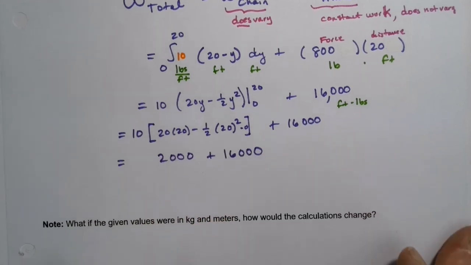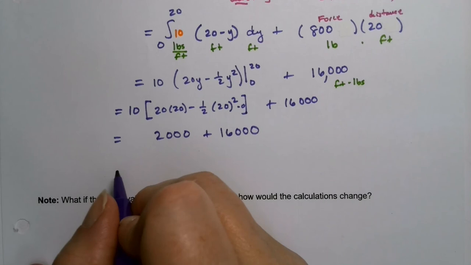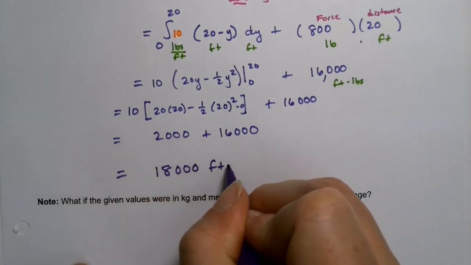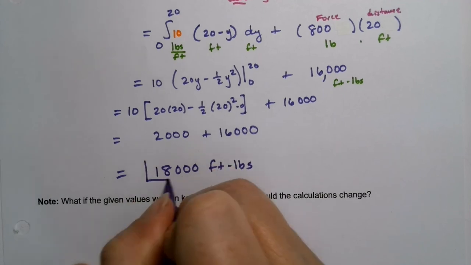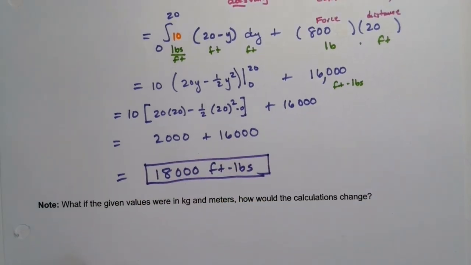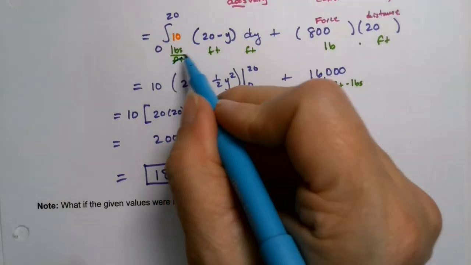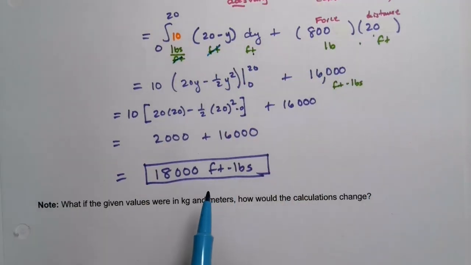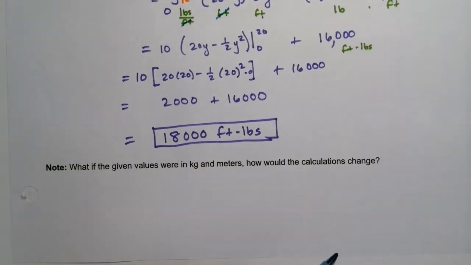Again, you're welcome to double check me on Desmos if you so desire, but I'm right. And that gives me 18,000 foot-pounds, because both of these ended up being in foot-pounds. The feet cancel, you're left with foot-pounds, and so you're able to add them, and that's your unit of work.